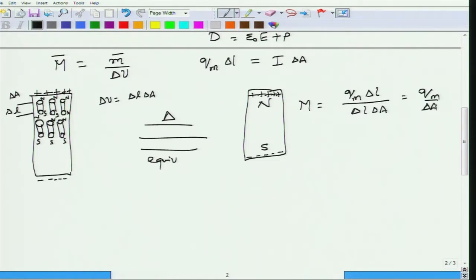by delta A, right. This was for a single dipole or a small enough region of a dipole. If you consider the total area, and the total charges Qm, which is the sum of all these tiny dipole charges, and over the area A, which is the sum of all these delta A's, what you essentially get is a magnetic surface charge density, because this is charge per unit area.